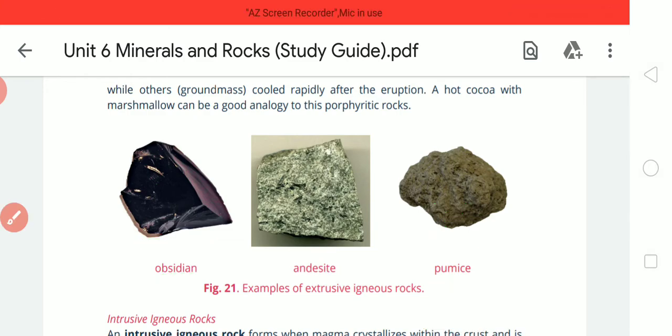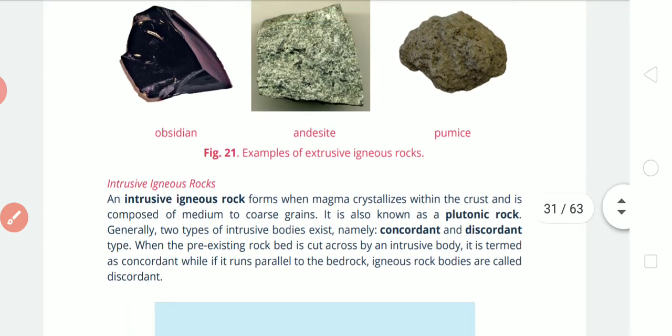Okay. So, another type of igneous rock is intrusive igneous rock. Why intrusive? An intrusive igneous rock forms when magma crystallizes within the crust.